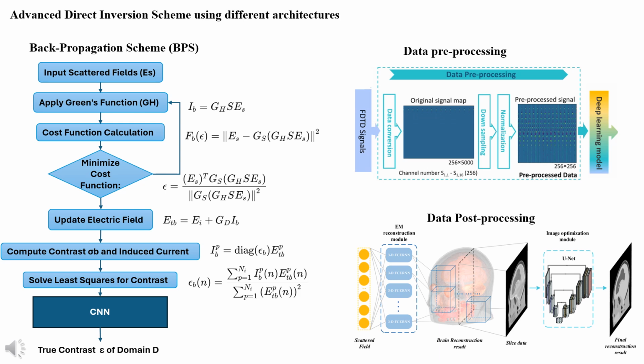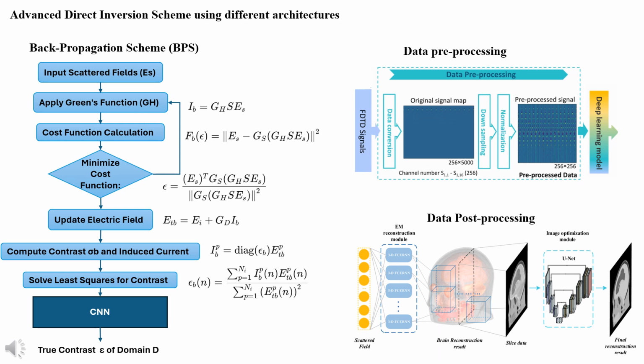BPS enhances the accuracy of inverse scattering solutions, especially for complex media, by using an intermediate backpropagation step before feeding the data into the CNN. This makes it a robust method for reconstructing fine details in medical imaging applications, like brain scans, where time and precision are both critical.